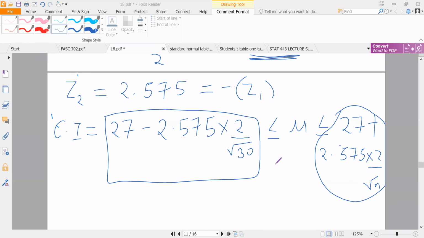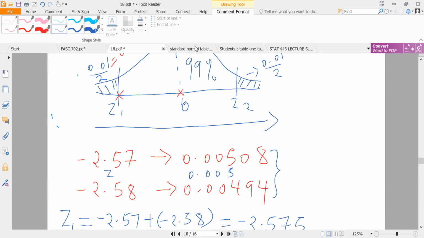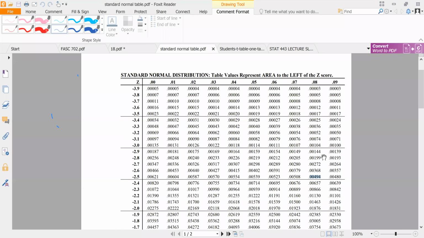So with this respect, please note that in this case, the Z values will be determined by where the accumulated probabilities are.